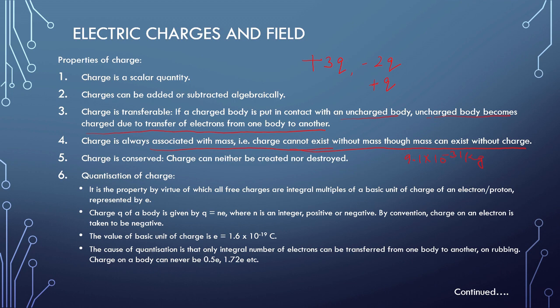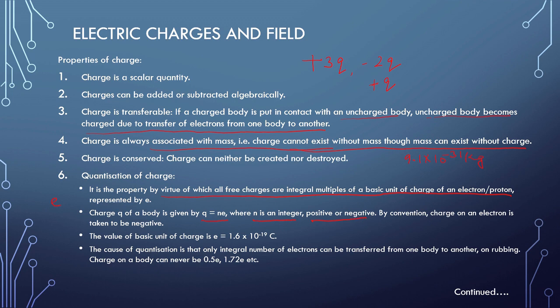Charge Q of a body, the total charge of a body, is given by Q is equal to ne, where n is an integer which can be positive or negative.